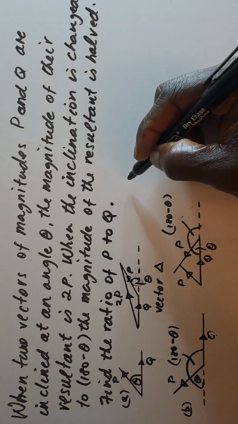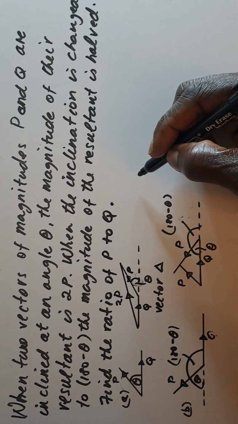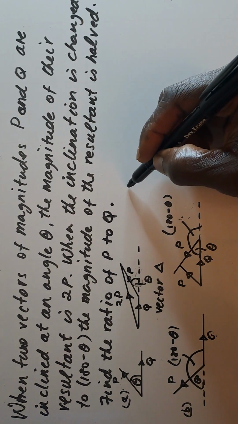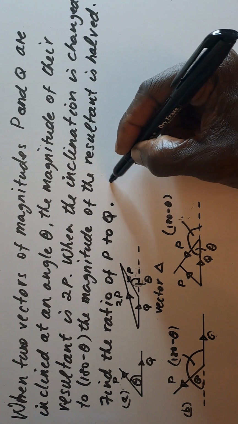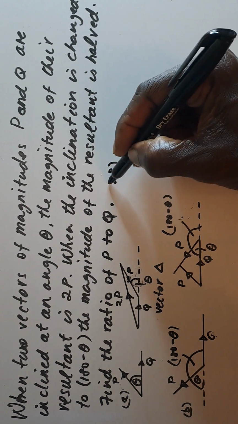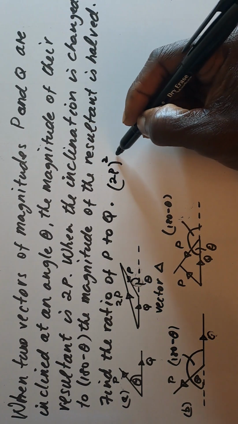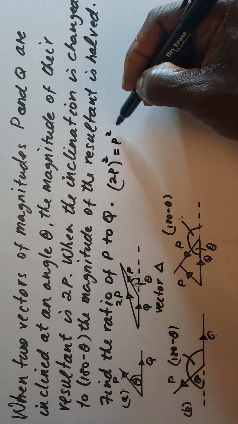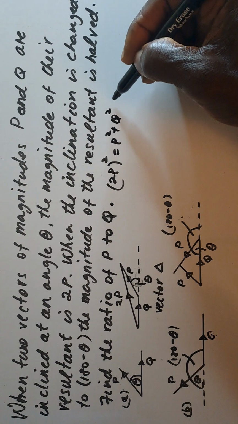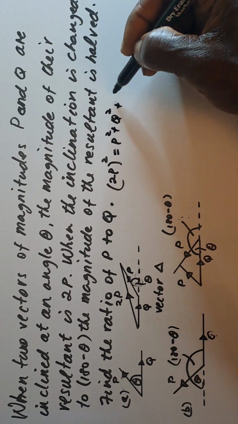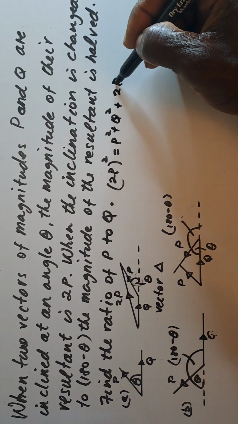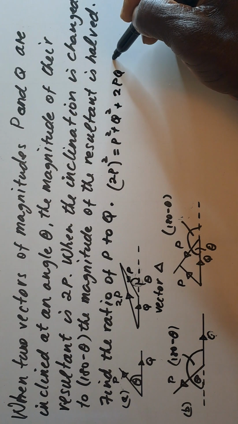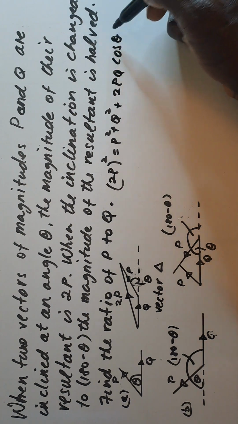So for diagram A, we have 2p squared, so that's the resultant squared, equals p squared plus q squared, minus 2pq cosine theta.